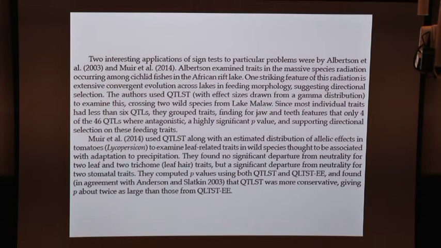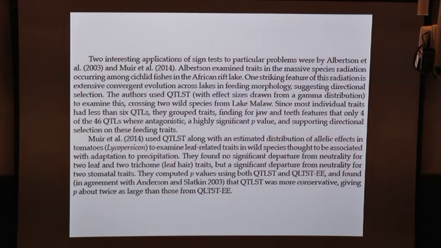So what they found was that if they looked at QTLs for jaw and teeth features, in the high line, only 4 of the 46 QTLs were in the opposite direction. That's a highly significant value when they do this drawing values out of a distribution. So it looks like the QTL data suggests the amount of divergence in jaw and teeth traits here couldn't be accounted for by drift.